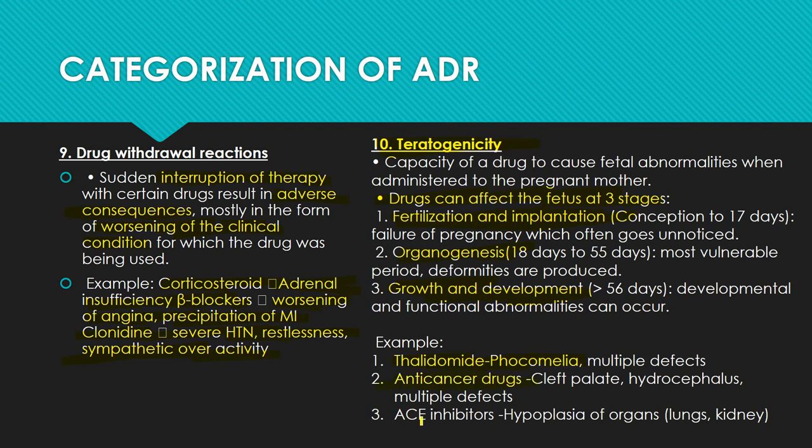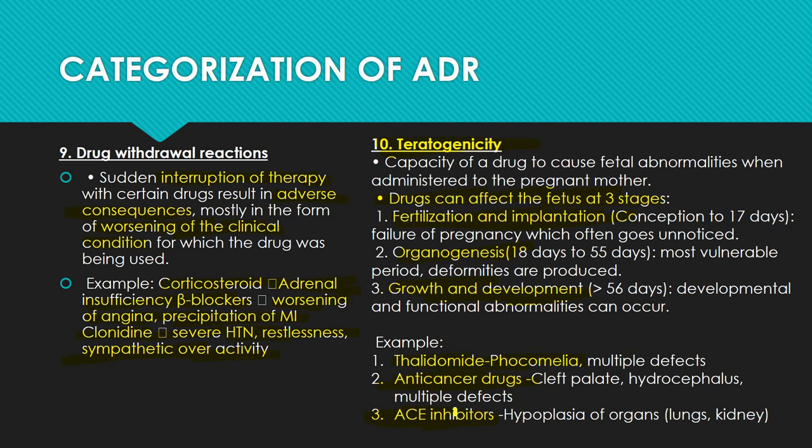Several anti-cancer drugs are there. And what is ACE? ACE is the angiotensin converting enzymes. So those also cause harmful effects on the lungs and kidney. And the main 3 stages are during fertilization and implantation, that is during the conception to 17 days. Next is the organogenesis, that is 18 days to 55 days, that is the organ development of the fetus.